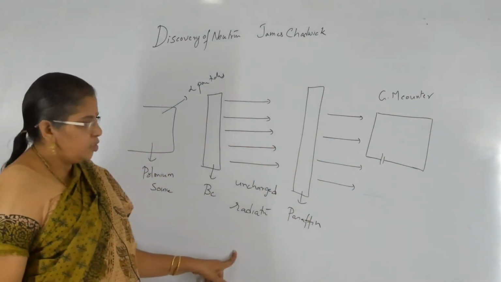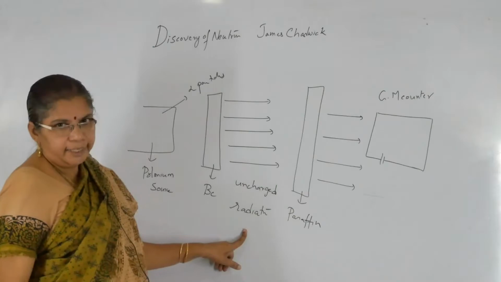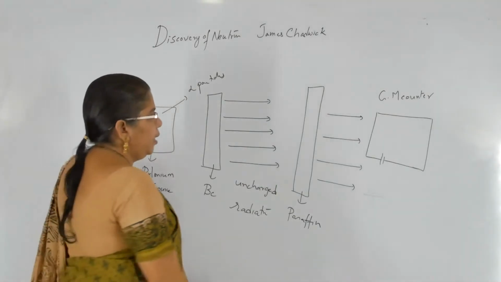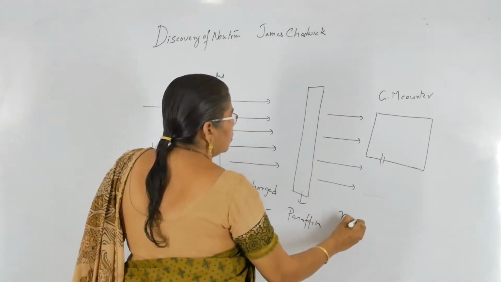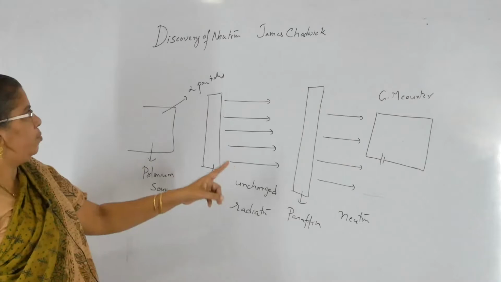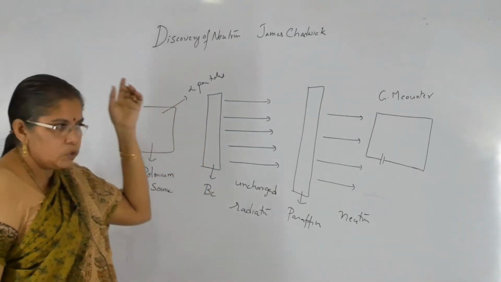So when this uncharged radiation was detected, they found a neutral particle, that is nothing but a neutron. This is the experiment that led to the discovery of the neutron.